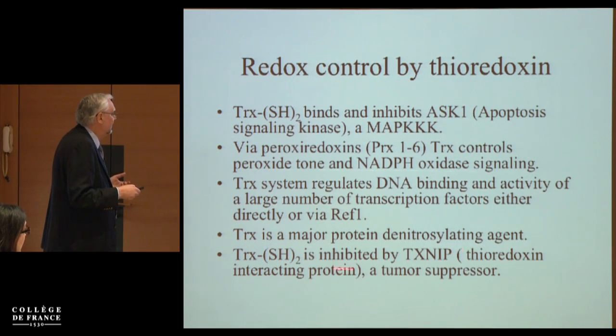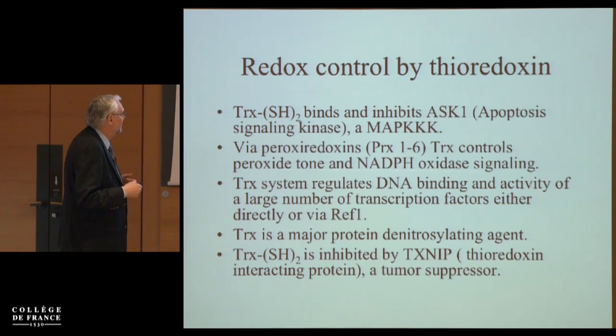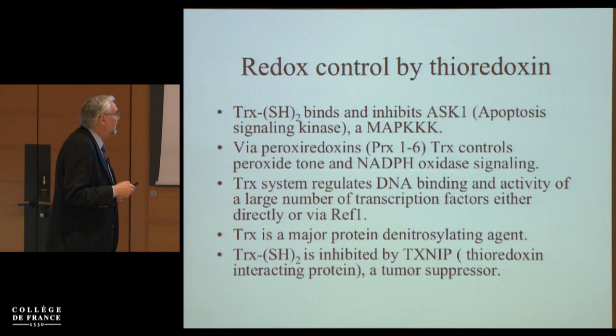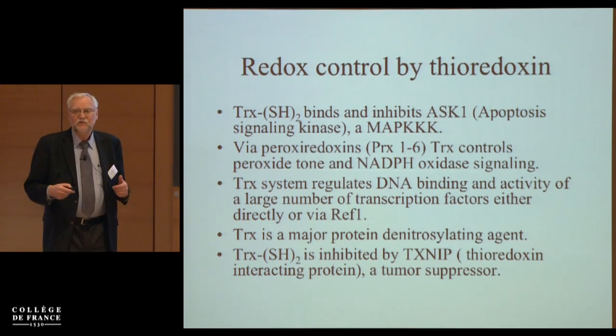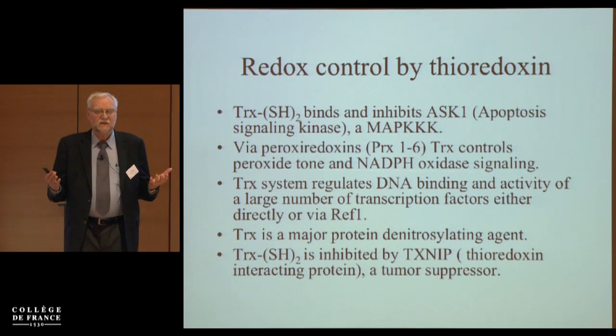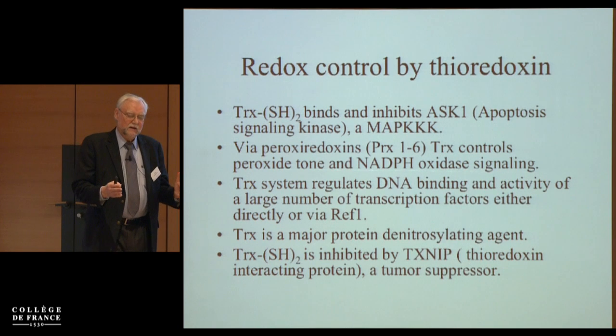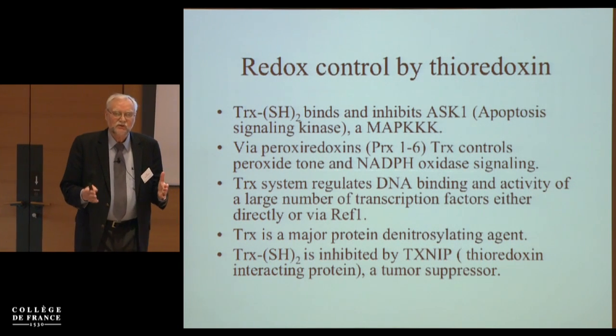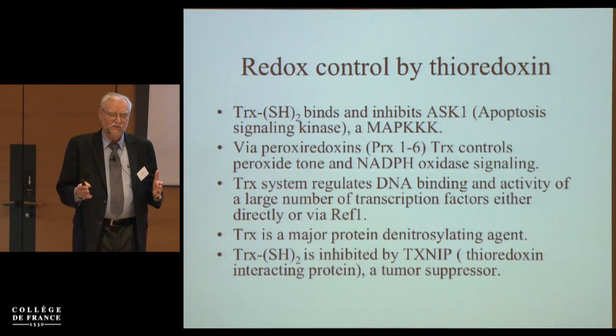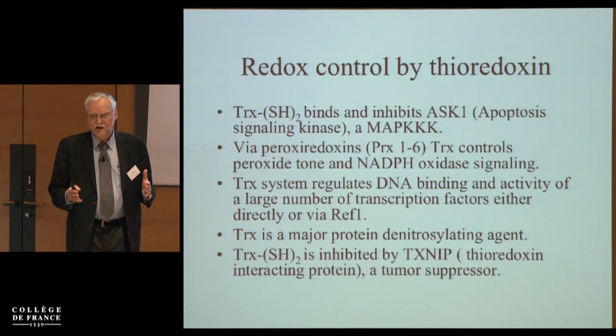Thioredoxin has its own inhibitor, and we work a little bit on that at the moment. One of the important things is if you knock out thioredoxin reductase in cells, in the cytosol, thioredoxin still stays reduced. Because if you get oxidized thioredoxin, the disulfide form, cells tend to die.